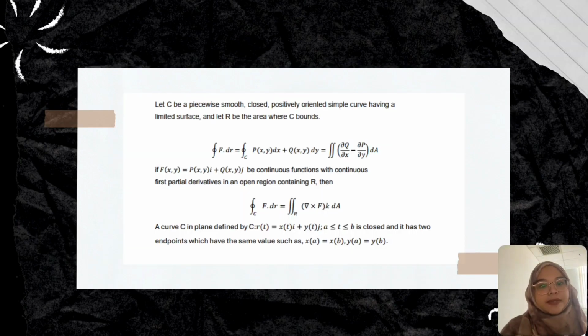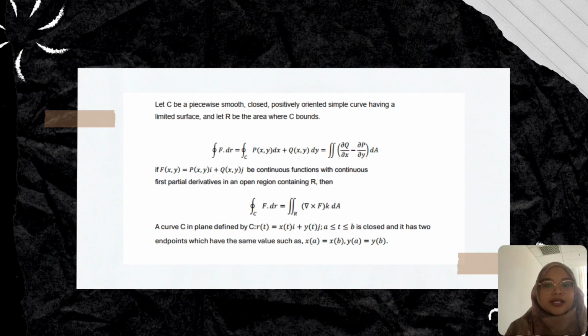Then let C be a piecewise smooth, closed, positively oriented simple curve enclosing a limited surface, and let R be the area that C bounds. The formula is: the integral of F · dr equals the integral of P(x,y) dx plus Q(x,y) dy, where the main formula is the double integral of (∂Q/∂x minus ∂P/∂y) dA.